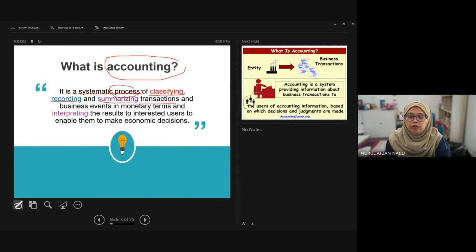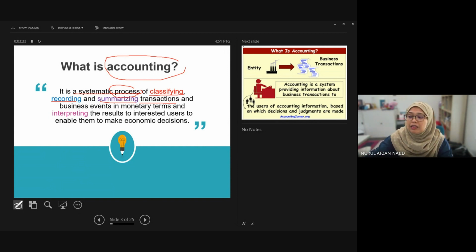For example, purchase fixed assets, purchase new equipment, pay salary to the workers, calculate depreciation of the fixed assets. Other than that, maybe you start a business with 10,000 cash in hand, or 10,000 you can loan from the bank. So all those are the transactions that happen in the business.